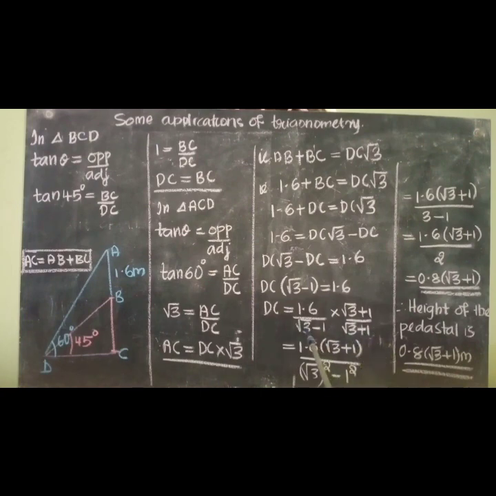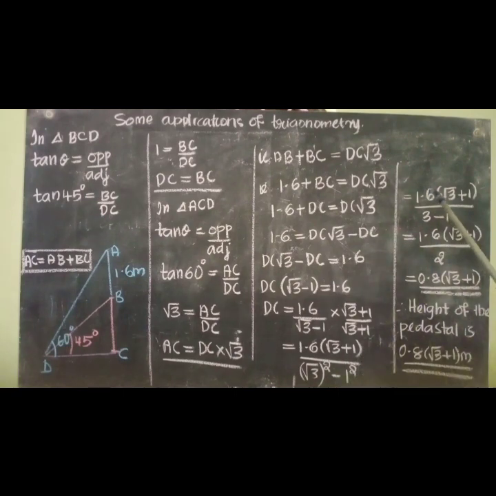You see the denominator, it is of the form A minus B into A plus B, which is equal to A square minus B square. So that is equal to 1.6 into root 3 plus 1 whole divided by root 3 square minus 1 square.